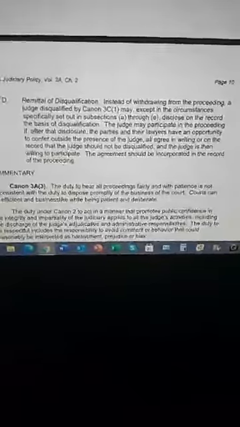This part right here, everybody should be trying to look up fiduciary and what it means, especially when it comes to the GALs. Like I said, this is just to help you understand what you can use in your case. And then it says right there, remittal of disqualification.